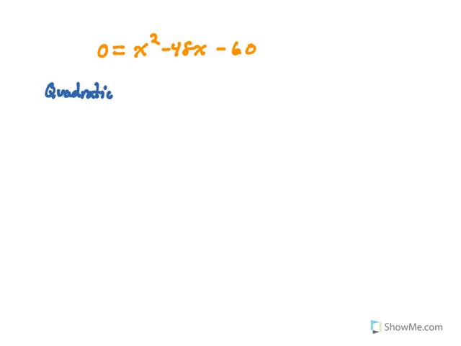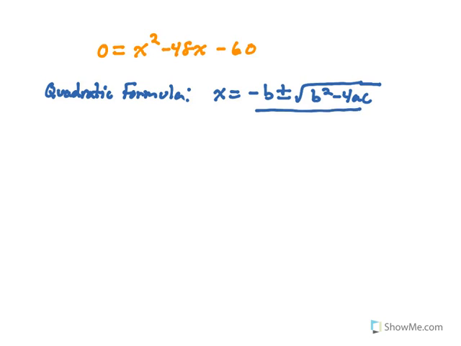If you remember that basic formula, that's going to give me x equals minus b plus or minus square root of b squared minus 4ac, all over 2 times a.